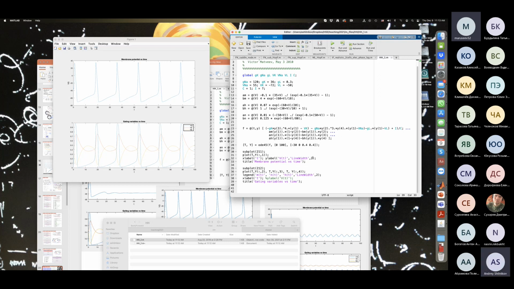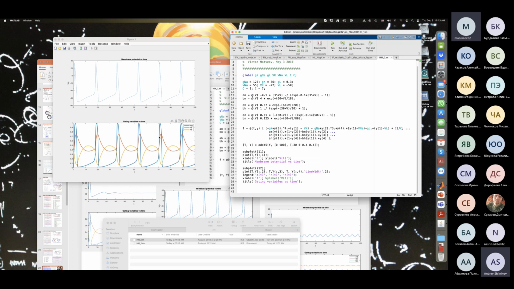Oh, it's the X label. I put it in the wrong place. Remove this, keep it here, we don't need it there. Remove the second comma. Run it again.